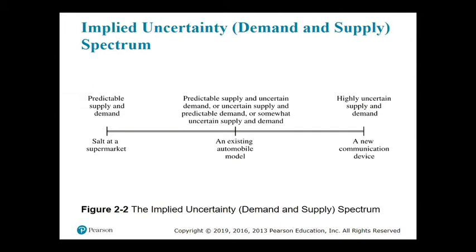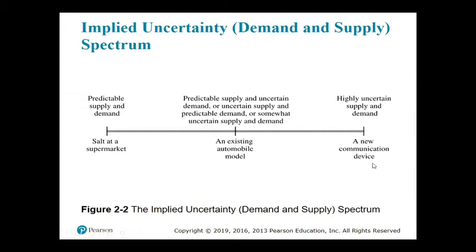Now, the uncertainty from both the supply side and the demand side can be combined onto this uncertainty spectrum. On the left side, we have very predictable supply and demand, so low uncertainty. And on the other end, we have very high uncertainty on supply and demand.